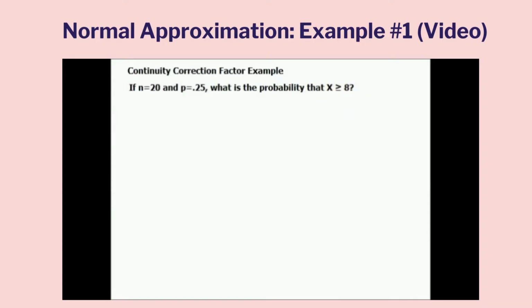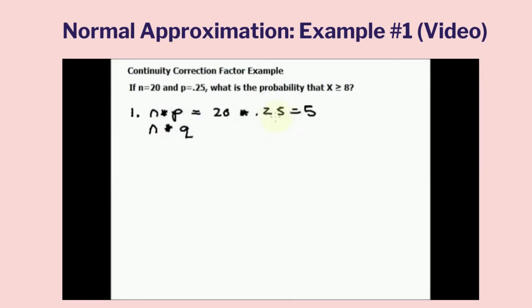Well, the first thing I want to do is figure out n times p. n is 20 and p is 0.25, so 20 times 0.25 equals 5. I also want to figure out n times q. q is just 1 minus p.